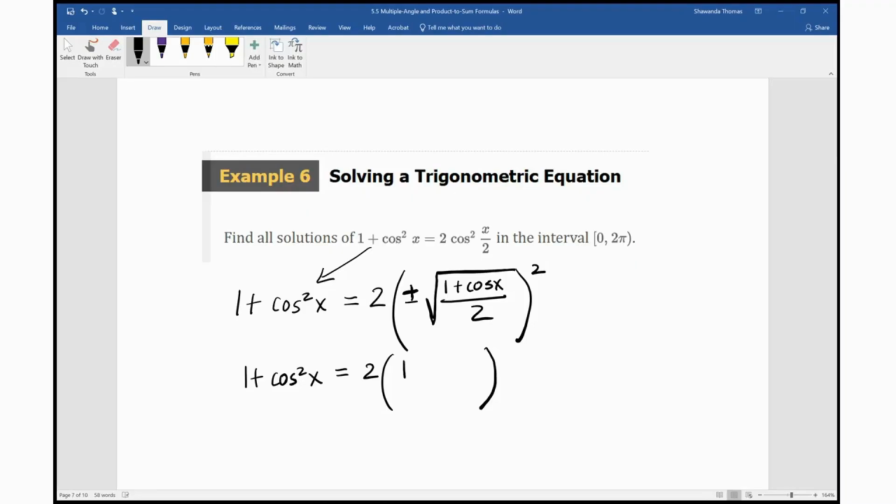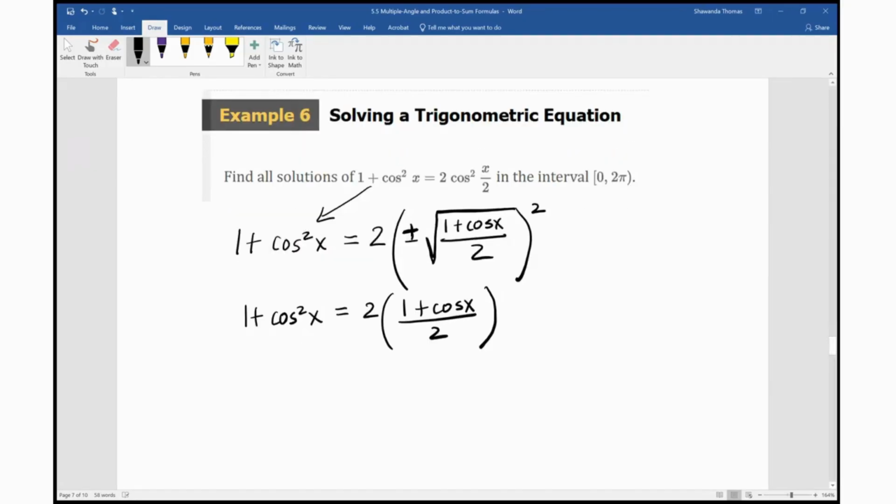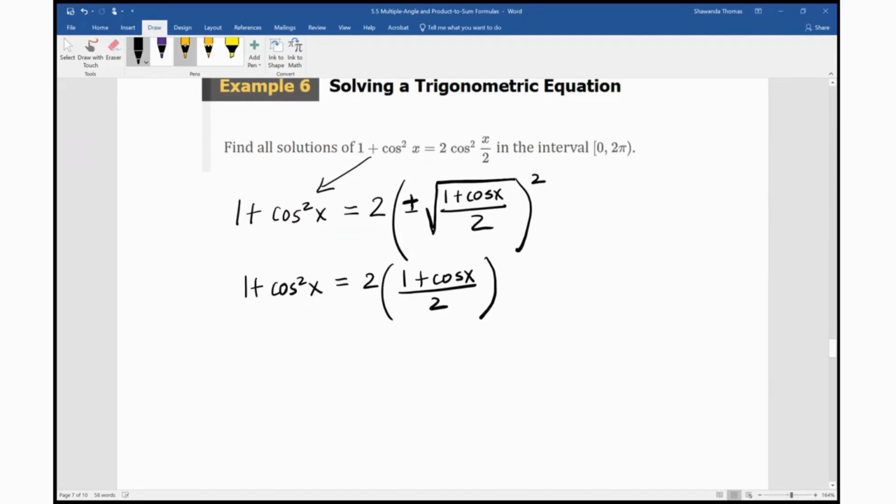And you're just left with 1 plus cosine x over 2. The 2's cancel. You have 1 plus cosine squared x equals 1 plus cosine x. What would you do now? Because we got to solve this equation.